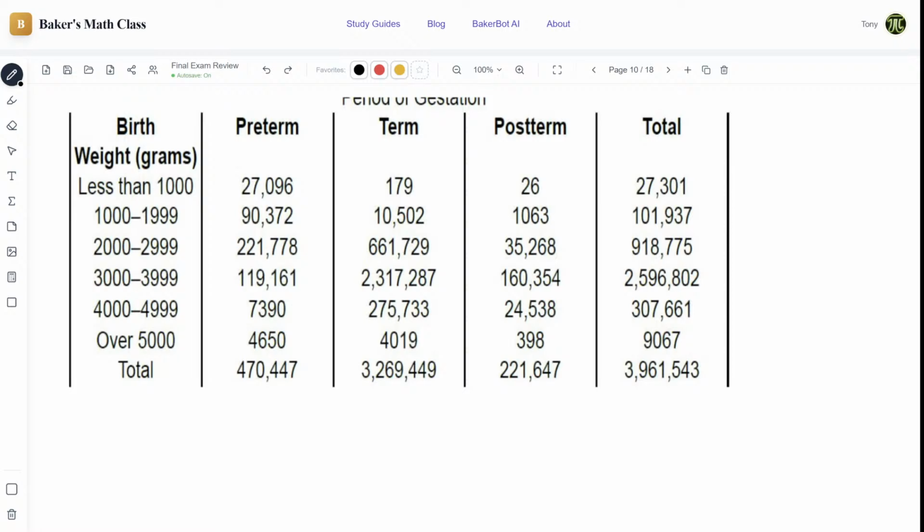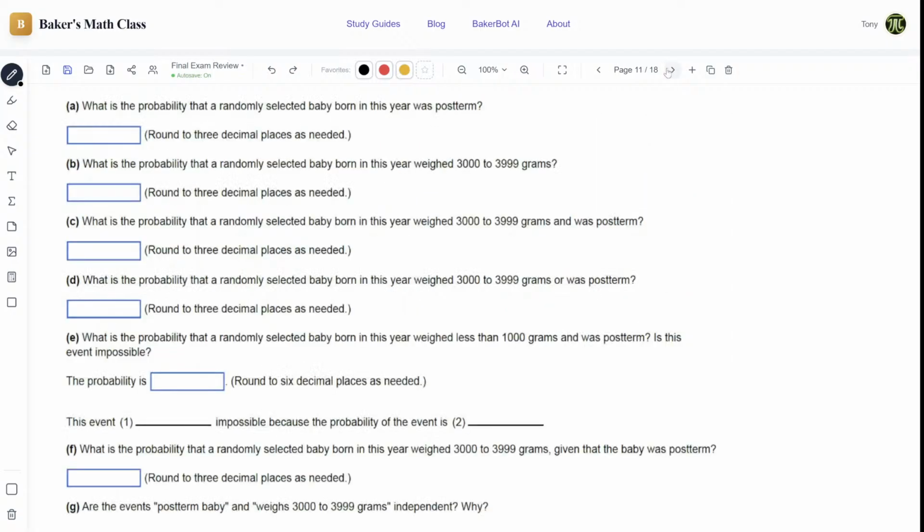Hold on, because I want this exactly as it's worded. What's the probability that a randomly selected baby born this year weighed 3,000 to 3,999 grams and was post-term?